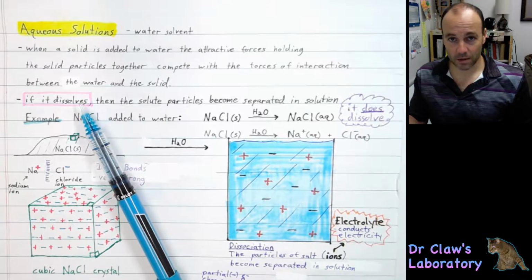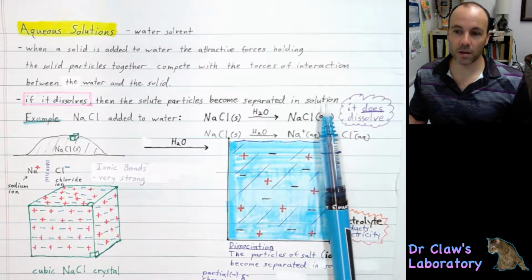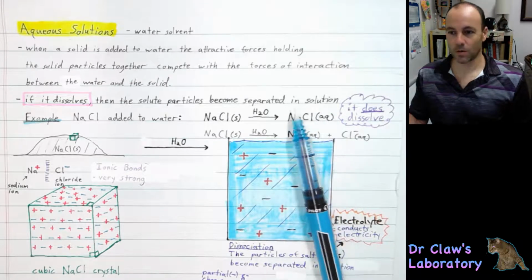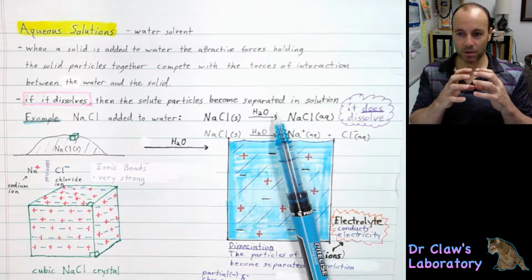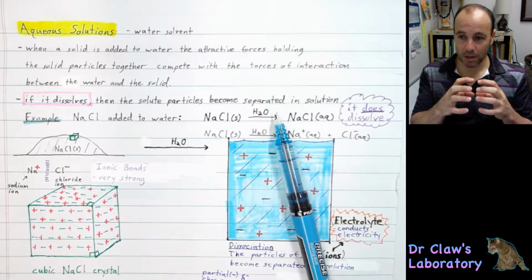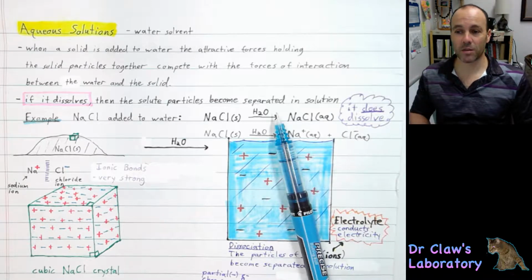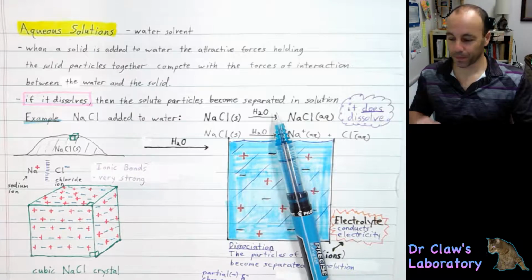If it does dissolve, then the solute particles become separated in solution. So in the solid phase, all of the solid particles are all packed together, but in solution, they're all separated and dispersed in a homogeneous fashion throughout the water.